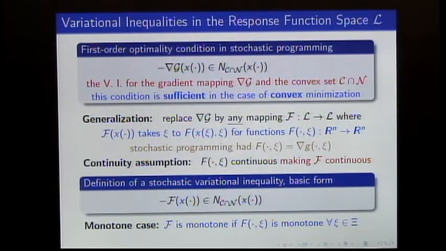This is the first order optimality condition. And if I have the convex case of this minimization problem, as is typical in stochastic programming, this would be a sufficient condition for that. So solving this, if I could solve this, this is a variational inequality.